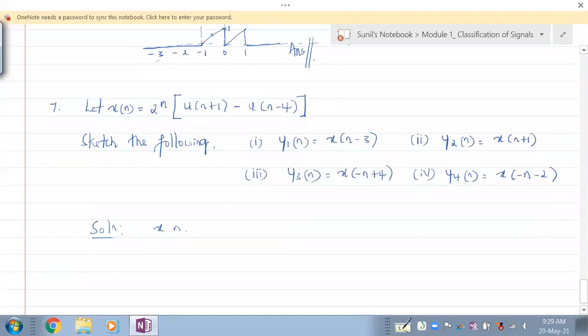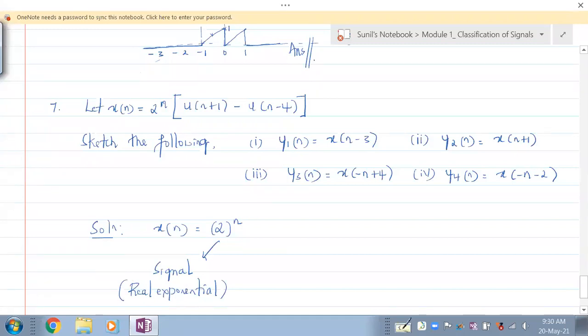X of n is given. 2 power n is the signal. Which type of signal is that? It is real exponential in discrete time.